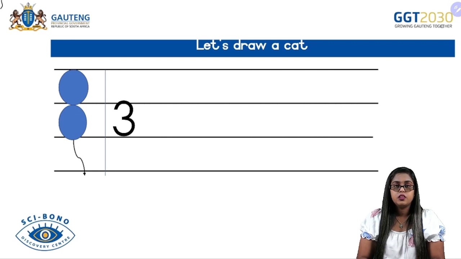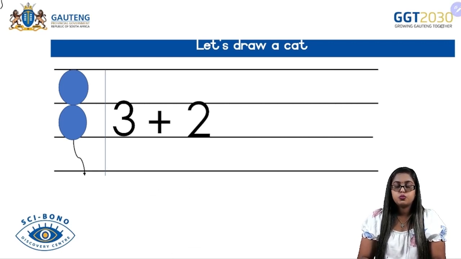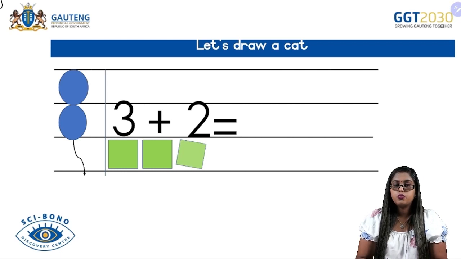3 plus 2 equals. So these are a bit of big numbers. Let's start drawing out first 3 objects. 1, 2, 3. Now let's draw 2 more, 1 and 2.